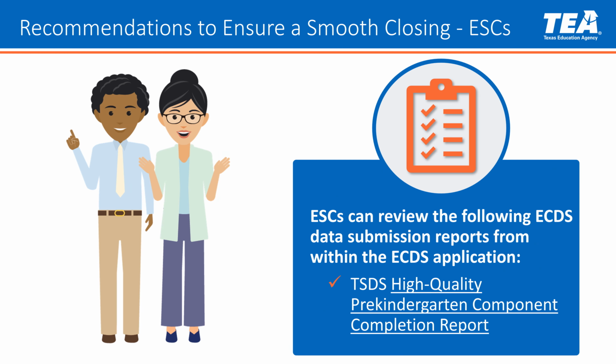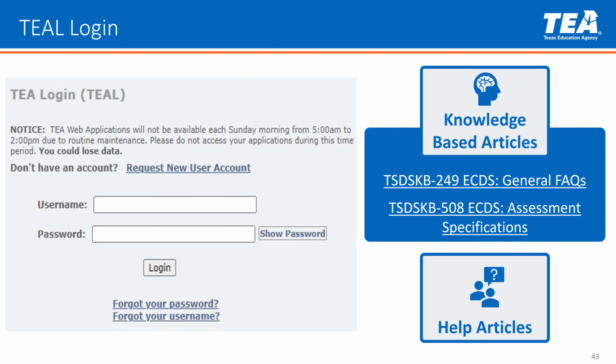ESCs, typically the ECDS champion, should be able to run the high-quality pre-kindergarten component completion report. This report is a snapshot of what was submitted for the ESC region. You will see an example of this report in a few slides. Additionally, with a TEAL login, you can access knowledge-based articles and help articles.